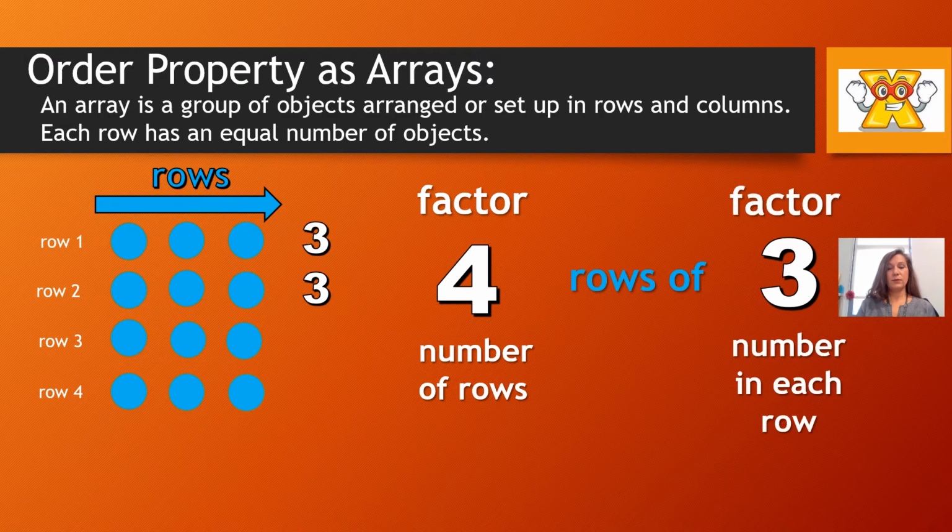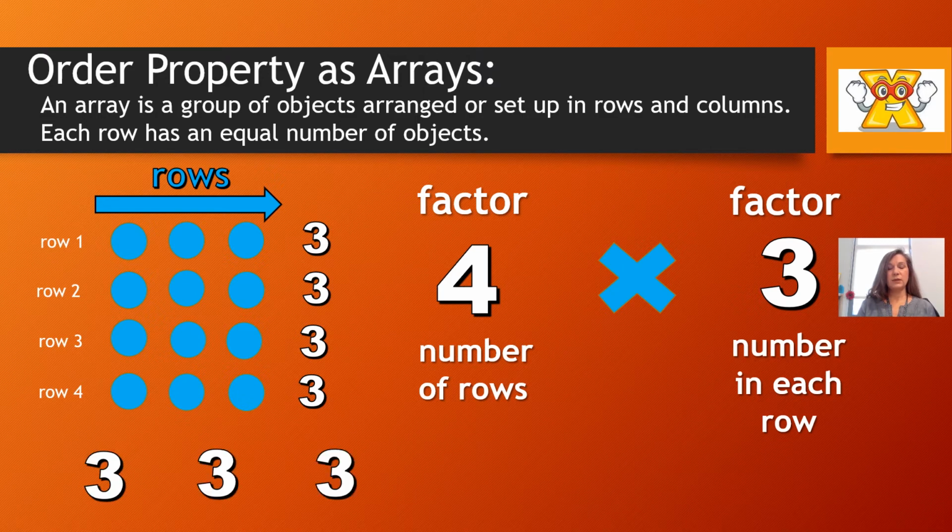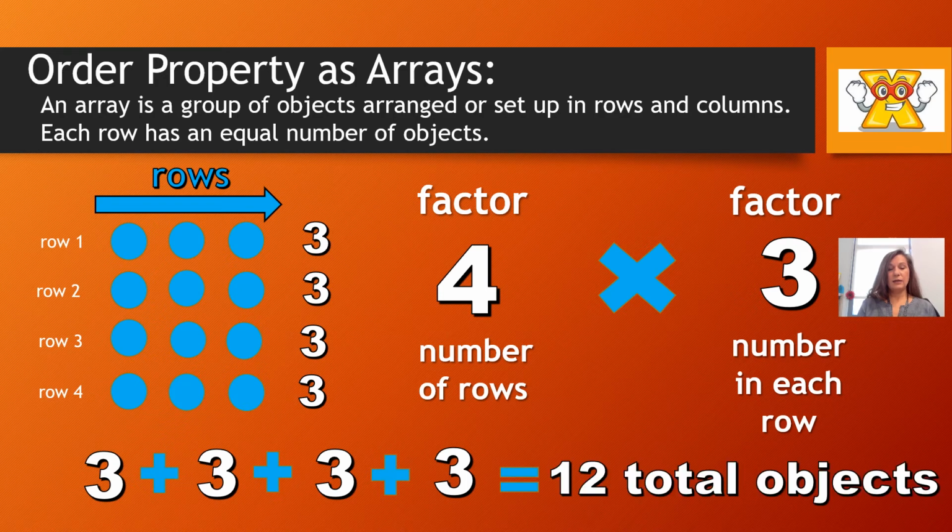So again, we'd have 3 plus 3 plus 3 plus 3. And as an addition sentence, we can use our multiplication to write an addition sentence as 3 plus 3 plus 3 plus 3. So I have 4 groups of 3, or 4 threes. And when I add those 4 threes together, or 4 groups of 3, I get a total of 12.